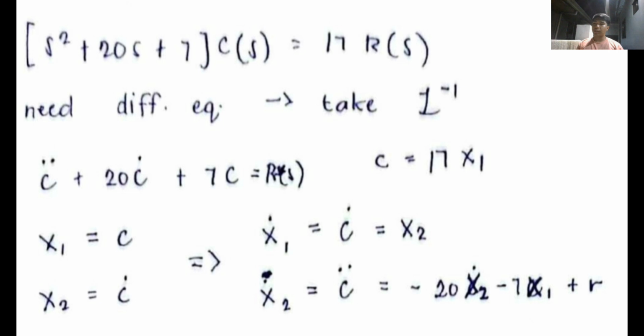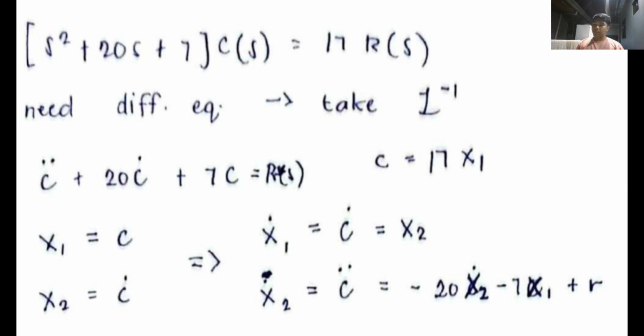So take the Laplace: C double dot plus 20 C dot plus 7C is equal to R(s), while C, which is our output, is equal to 17x.